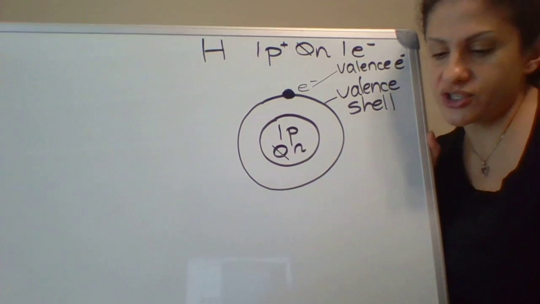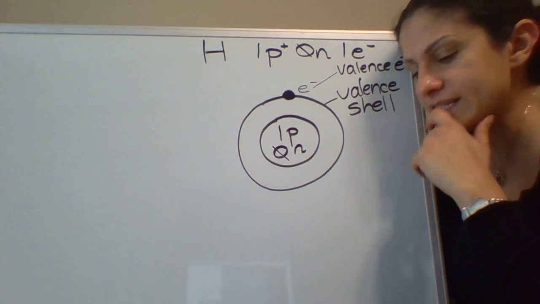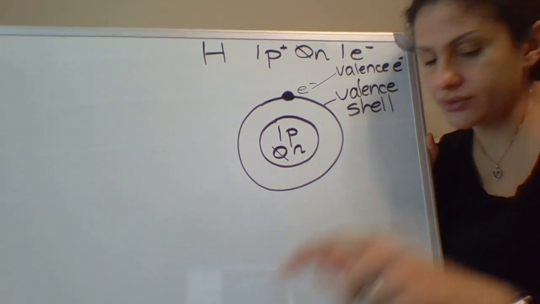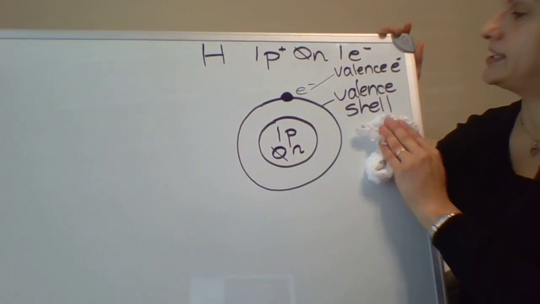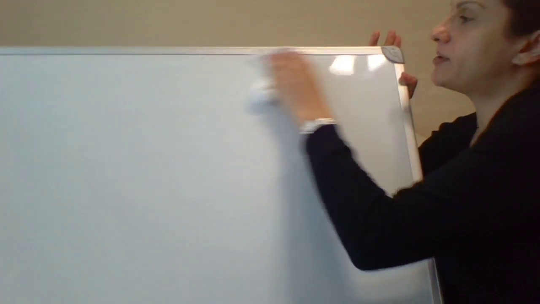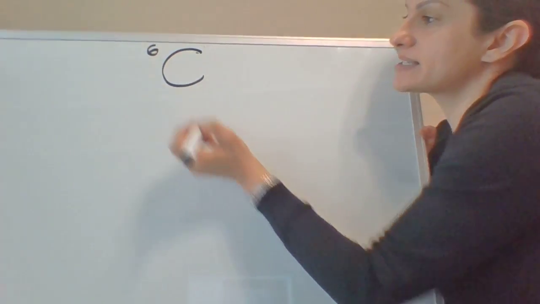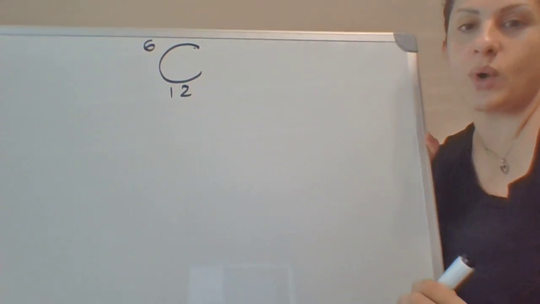So let's step it up a notch. Let's go to a more complicated atom. Hydrogen was very simple. Let us try carbon. So look at your periodic tables, and let's try to do this together. Carbon has an atomic number of 6 and an atomic mass of 12.